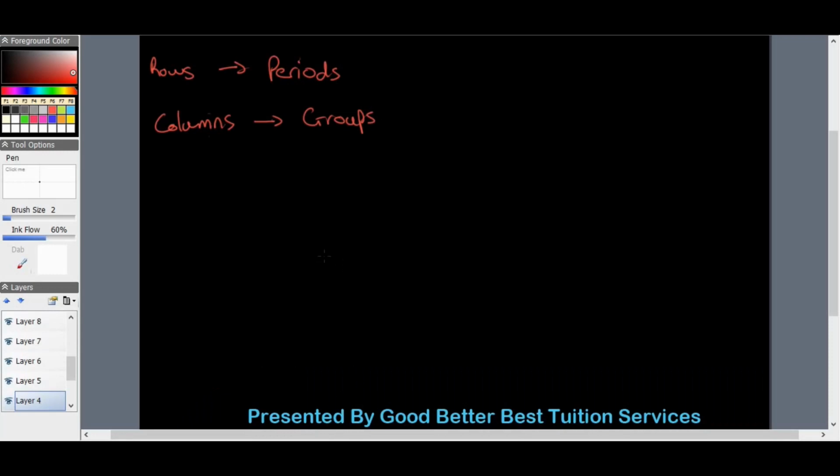So all the elements in the periods have the same number of orbitals for the electrons.